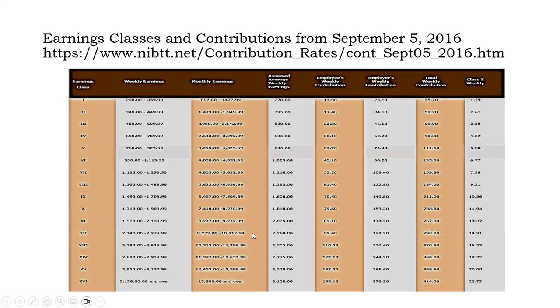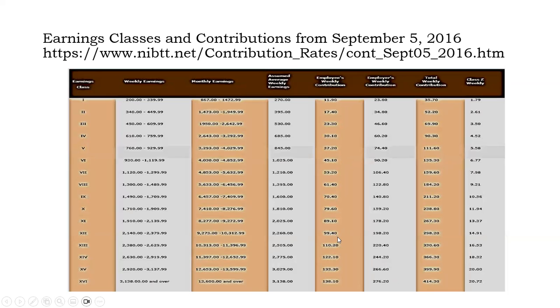All right. Then we want to see what is the employee's weekly contribution. Don't worry about this other column, please. You're focusing on what your weekly contribution is supposed to be. And that weekly contribution figure is 99.40.